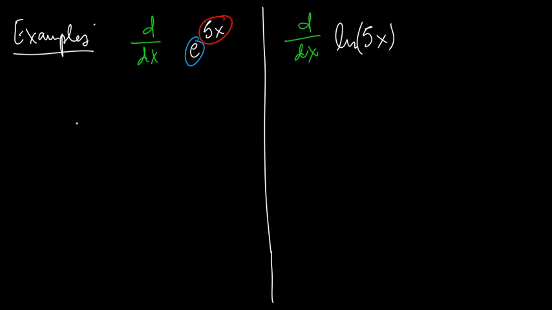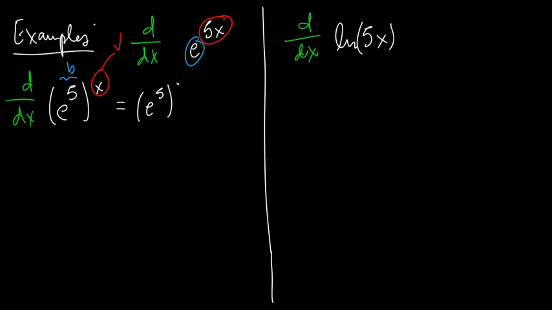So look what we do. We rewrite e to the 5x as e to the 5, to the power x, right? And now the thing inside the parentheses is the b, and the exponent is all by itself. Okay, check. So now when we take the derivative, how does the slogan go? Itself times ln of the base.